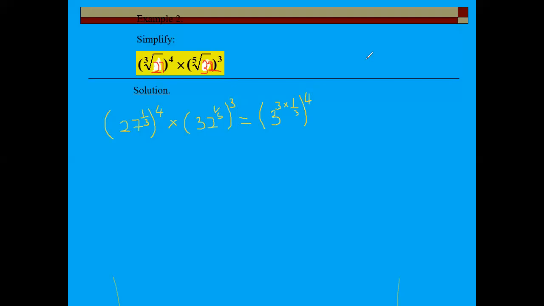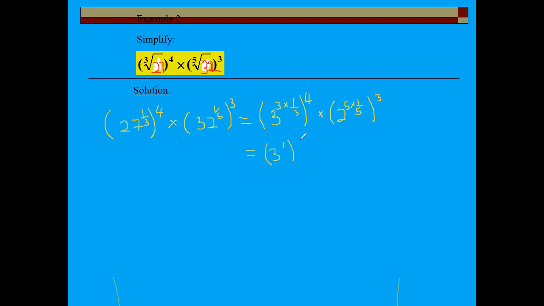Then on the other side too, 32 is 2 times 2 times 2 times 2 times 2, so it is 2 raised to power 5, times 1/5, all raised to power 3. So this will give us 3 raised to power 3 times 1/3 will be 1.